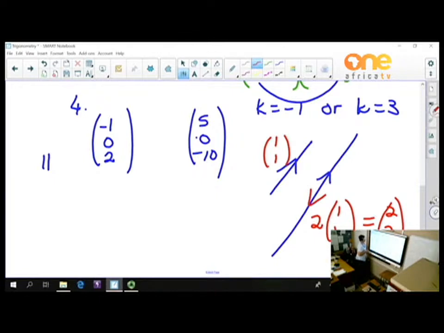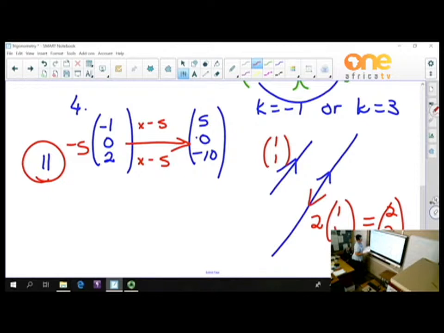Now, if we look here, 0 times -5 is obviously 0. 2 times -5 is -10. -1 times -5 is +5. So we've multiplied this vector with a scalar -5 to make it parallel. That's what we've done there.